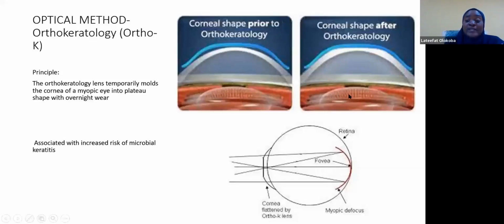So these auto-K lenses effectively also block the hyperopic stimulus for continued elongation of the globe and effectively prevent further globe progression.